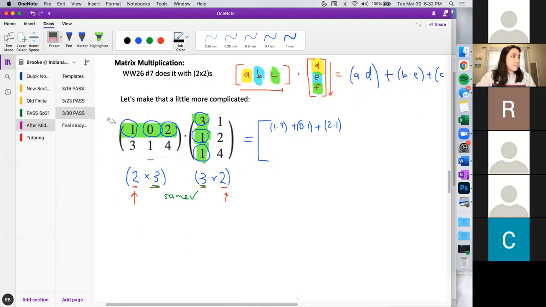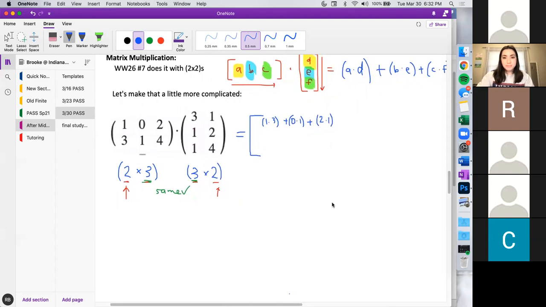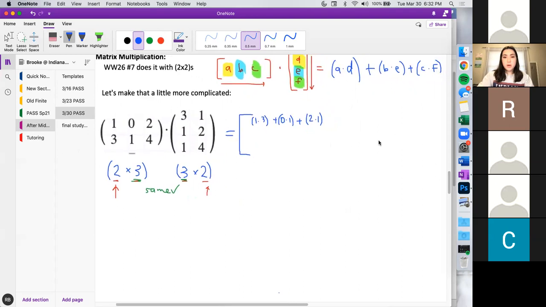All right. And just stop me if you need me to slow down or reiterate, color code more, anything. All right, you can do any of the entries next, doesn't matter. I'll go and do this one over here. So we're still in the first row of the product, but now we're going to be in the second column of the product.